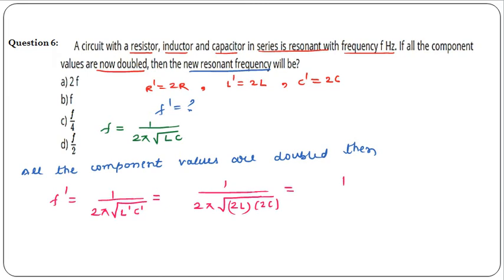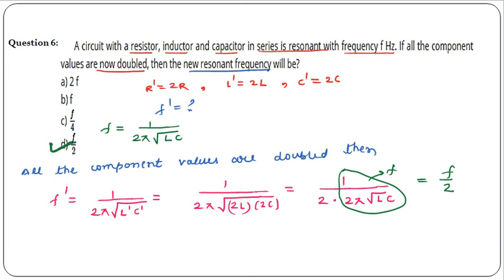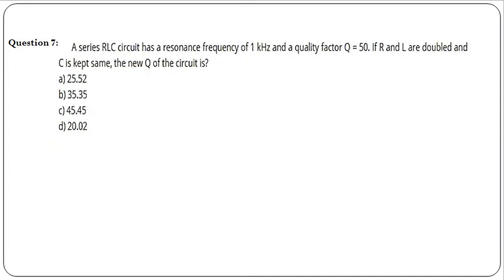We can take this 2 common, so this will be equal to 1 by 2 into 2 pi into square root of L into C. This 1 by 2 pi root LC is nothing but our original resonating frequency, so this is simply f by 2. So option D is correct.